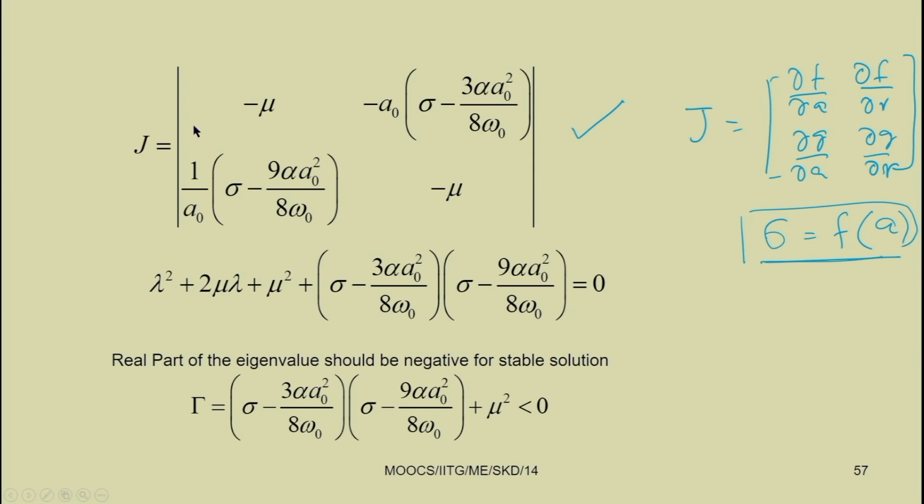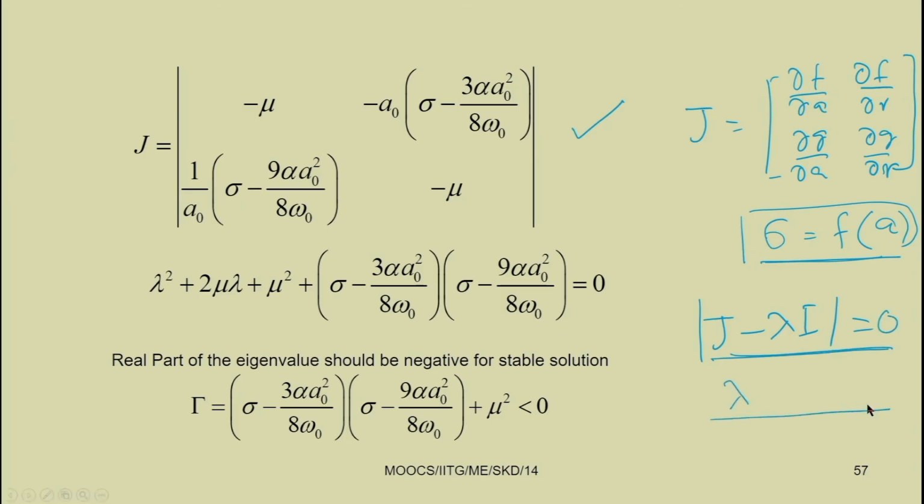Now you can find J minus lambda I. For the system to be stable, the determinant of J minus lambda I should be equal to 0. From that you can get lambda.